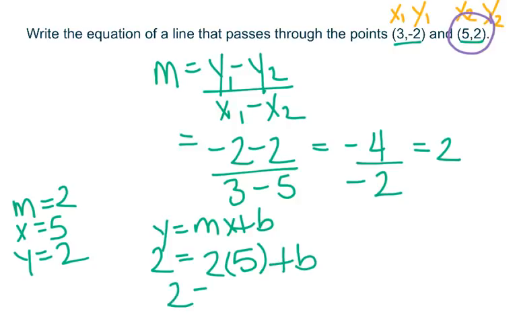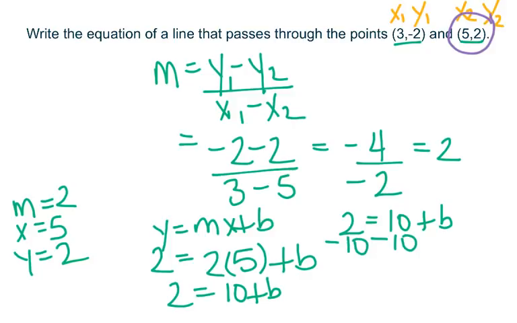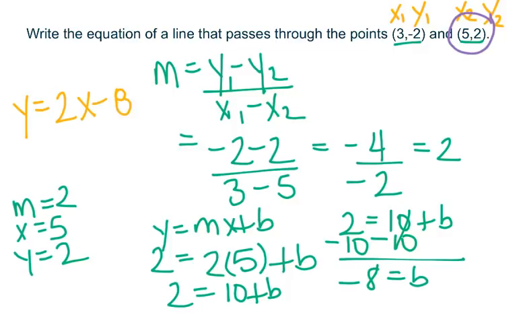Again, now I'm just going to do that multiplication. This would be 10 plus b, and I would be subtracting 10 on both sides. So I get that -8 is b, so my final answer I'm going to do up here in the top left corner is y equals 2x minus 8. And that's it.